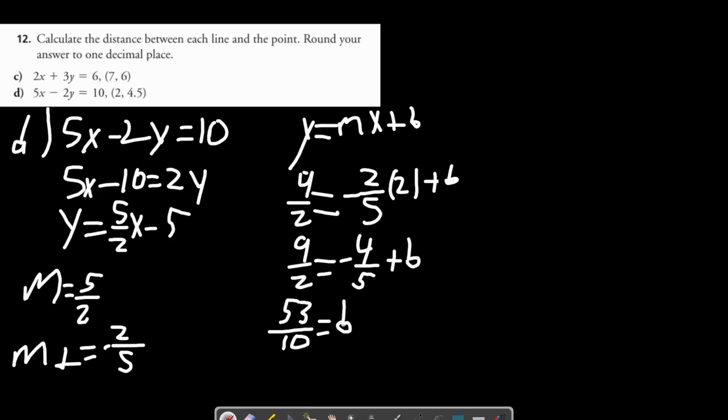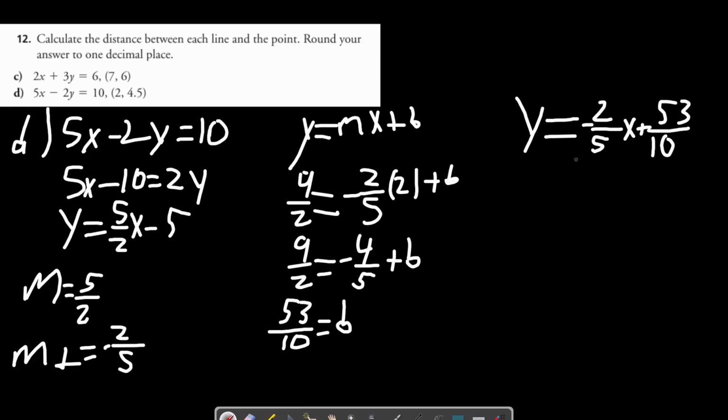From here, we're going to make our equation, and that equation is y equals negative 2/5 x plus 53/10.